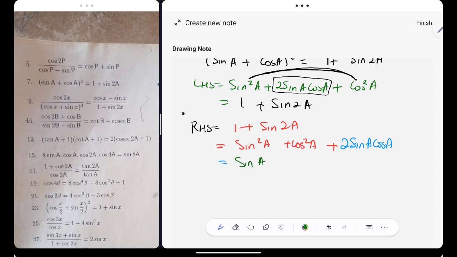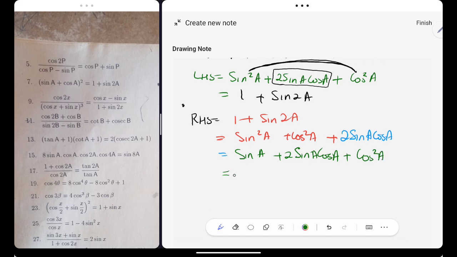Sin squared A plus 2 sin A cos A plus cos squared A, no? Then I'll just have to open 2 brackets. I'll have sin A there, sin A cos A, and then I'll have plus and plus, which will give me sin A plus cos A all squared.